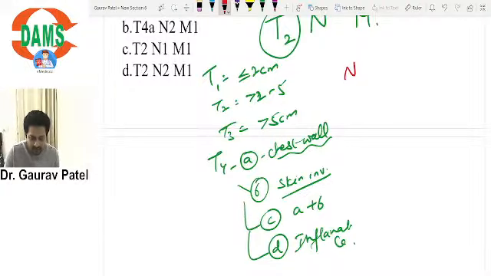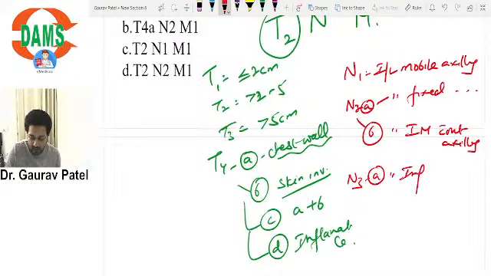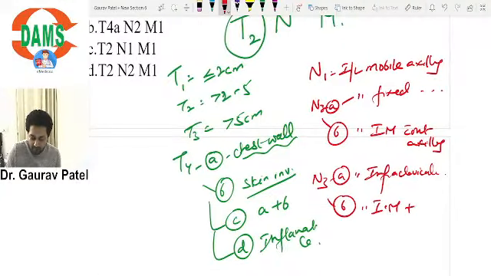N staging: N0 is no lymph node, N1 is ipsilateral mobile axillary lymph node, N2A is ipsilateral fixed axillary lymph node, N2B is ipsilateral internal mammary without axillary, N3A is ipsilateral infraclavicular or apical, N3B is ipsilateral internal mammary with axillary, and N3C is ipsilateral supraclavicular.